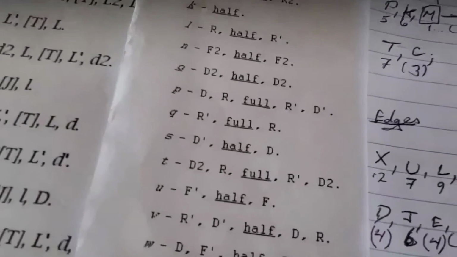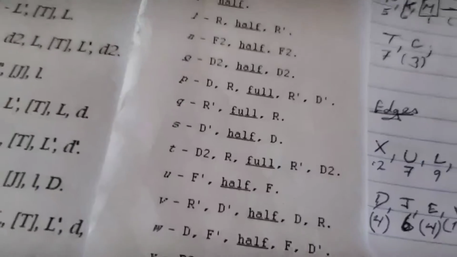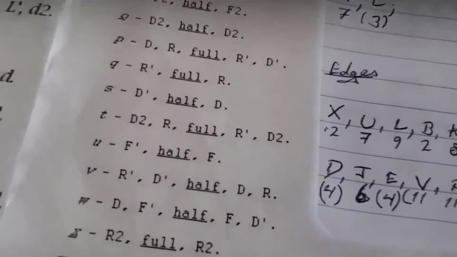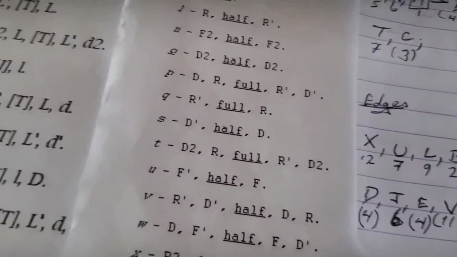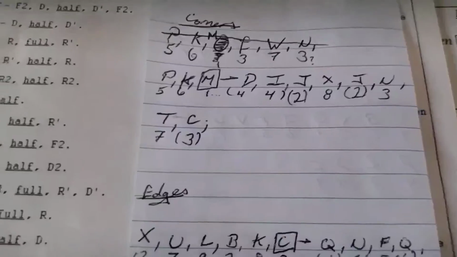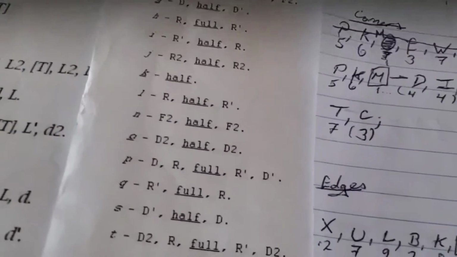Okay, so P for me is D, R, full, and then R prime, D prime. So we did P, now we're on K, which is just a half.